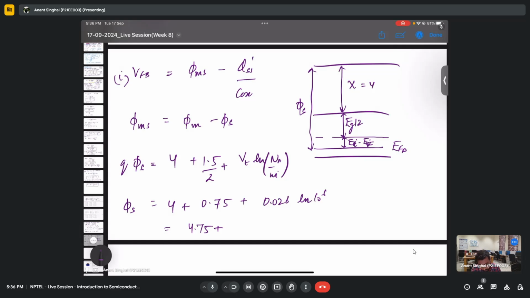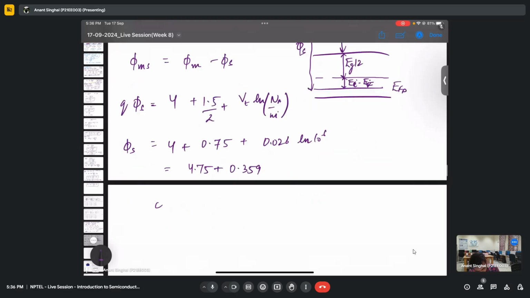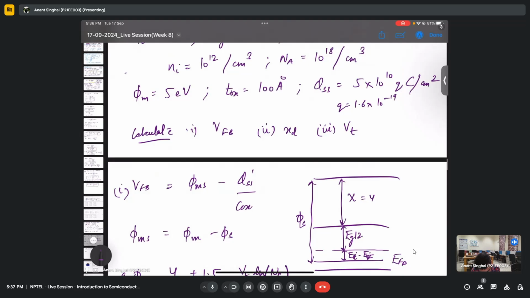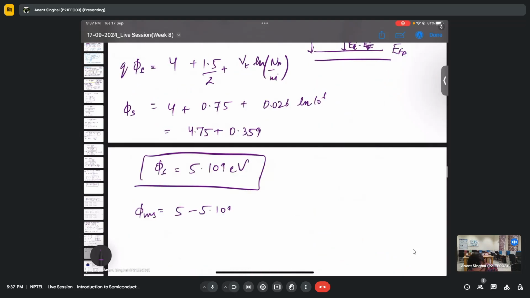It is coming out to be 0.359. If there is any calculation mistake, please let me know. So this is 5.109 electron volt. So phi_ms is coming out to be: phi_m is given as 5, so 5 minus 5.109 is minus 0.109 electron volt.